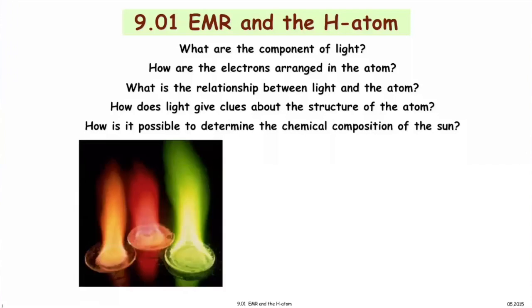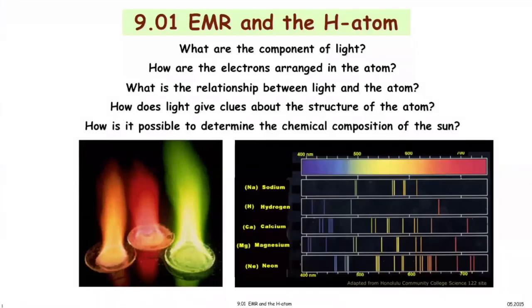You did this experiment earlier in the semester, the flame test, and you remember that different elements give different colors of light, and it goes back to their atomic line spectrum. It has to do with how the electrons are arranged in an atom and how they go up to an excited state.